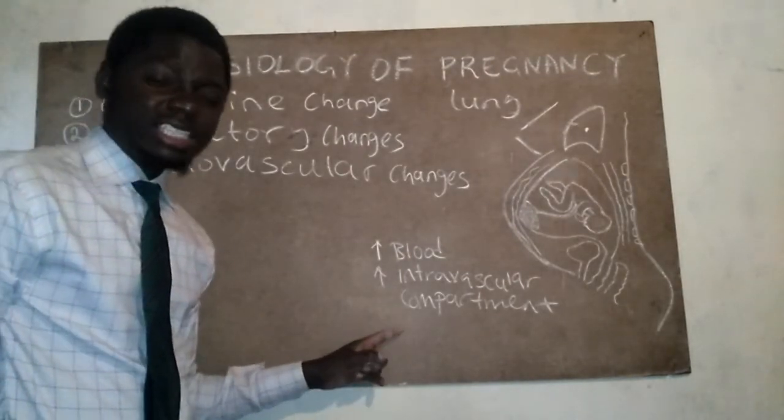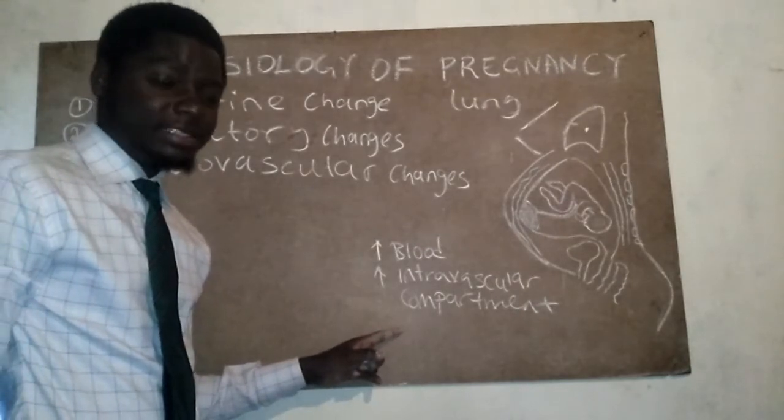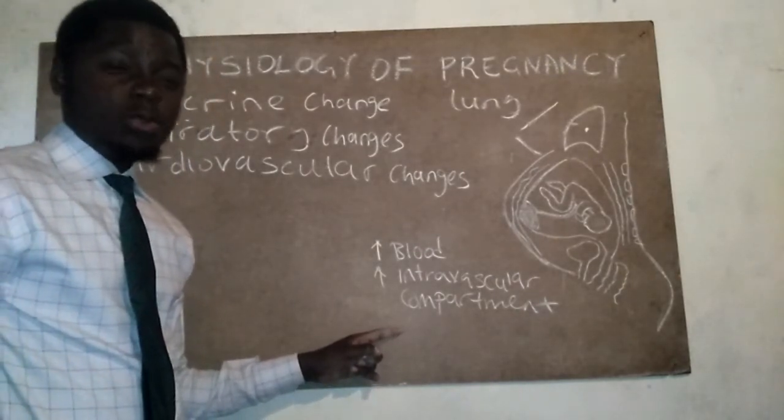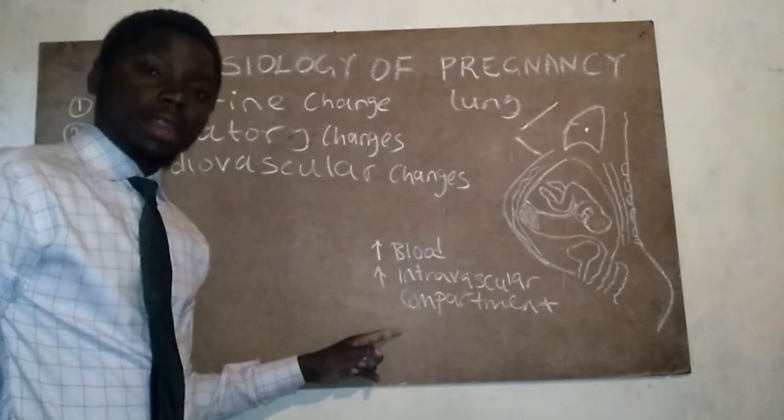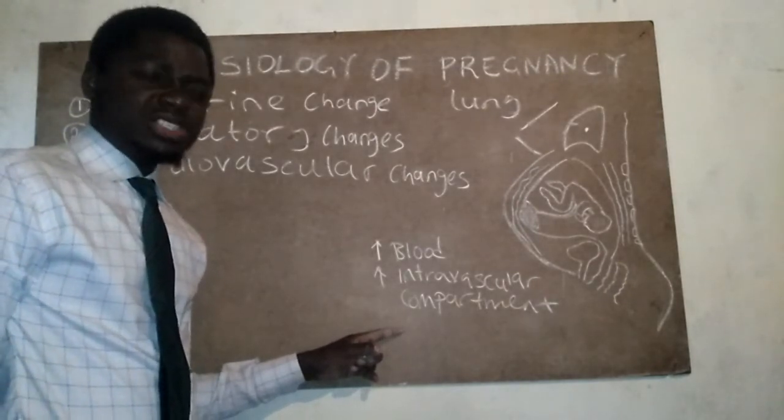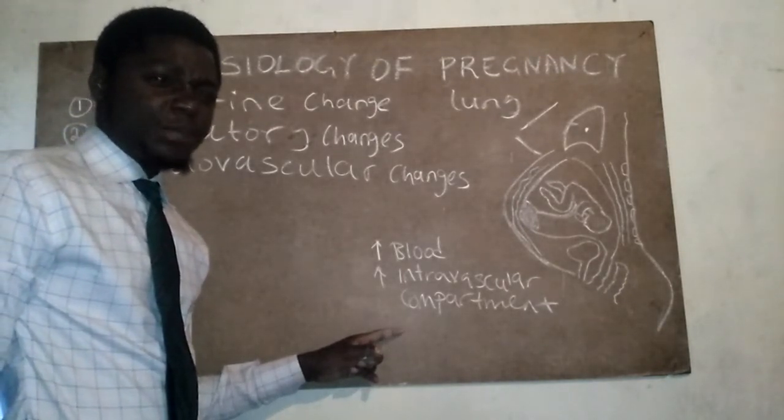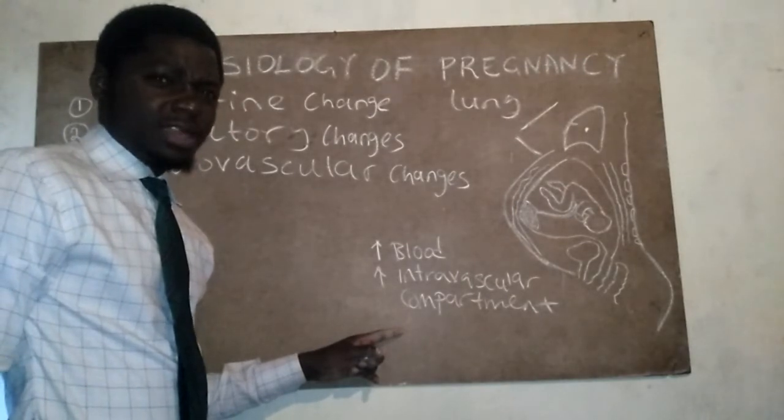And when we have a large amount of blood going to the heart, that simply means we are going to have an increased stroke volume. Stroke volume being the amount of blood pumped out by one ventricle per minute.